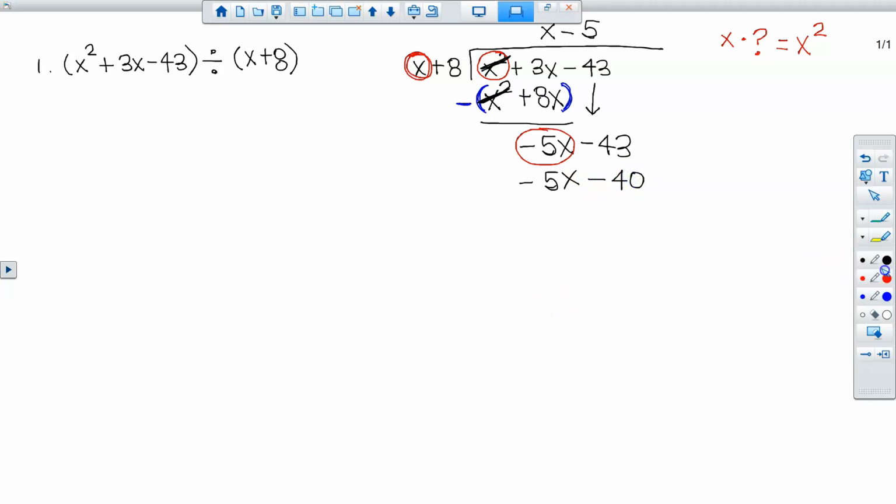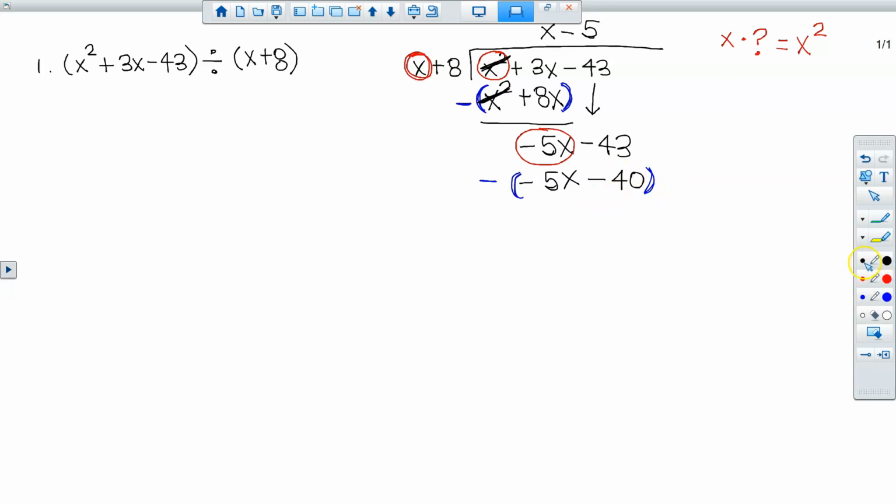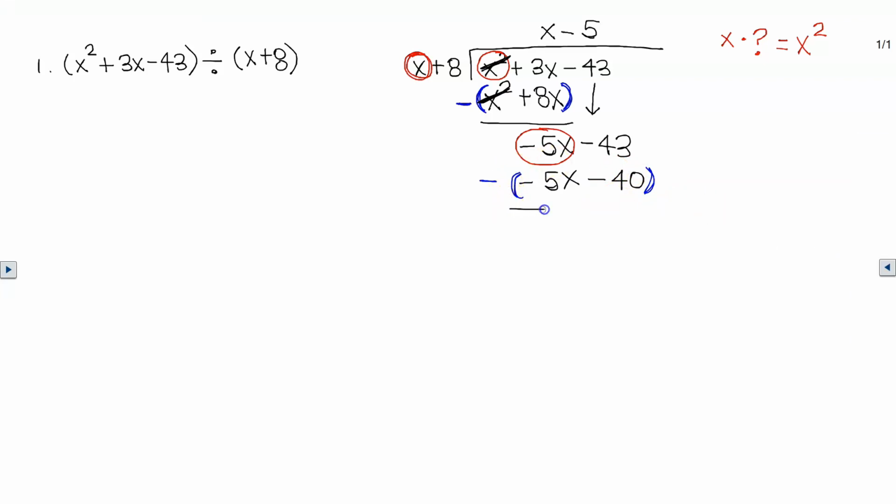And again, we're back again to that most dangerous step, because now we're going to subtract all of this. So keep in mind that you are subtracting negative 5x and you are subtracting a negative 40. You're subtracting both of those terms. So we're doing negative 5x minus negative 5x.